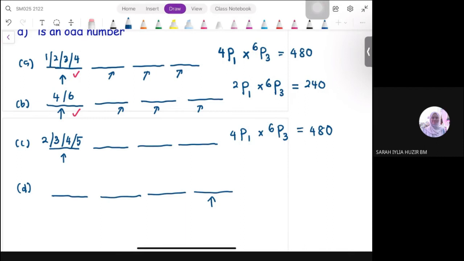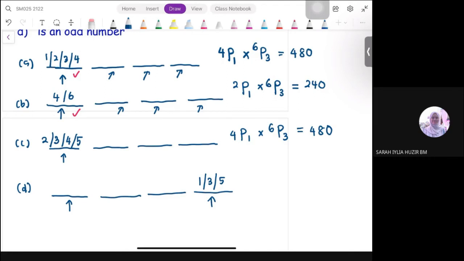Alright, so from our options, how many odd numbers do we have? We can use either number 1 or number 3 or number 5. Okay, itu condition for the last digit. But remember, condition for the first digit, we must have a 4 digit number.